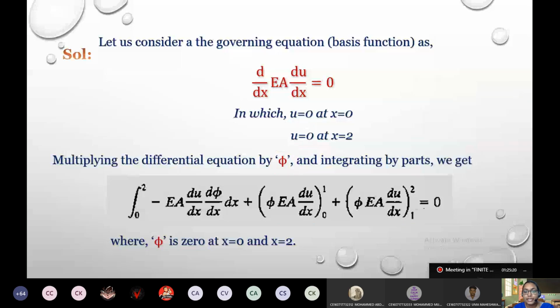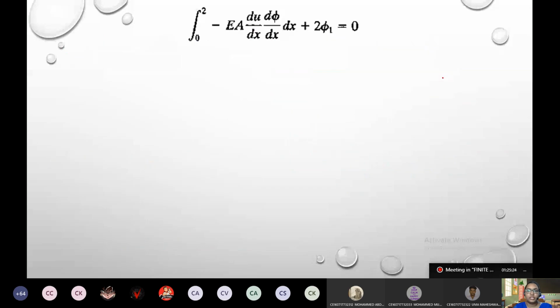Taking that into account and solving this equation, we will end up with an equation like this. Are we done? Yes, ma'am.